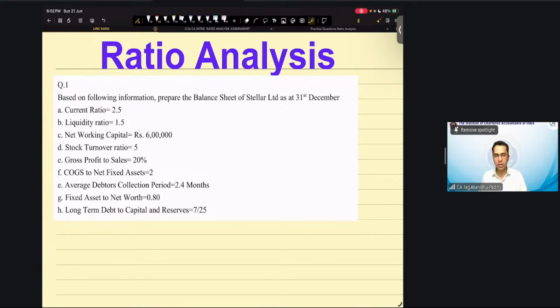Based on the following information, prepare the balance sheet of Stellar Limited as at 31st December.